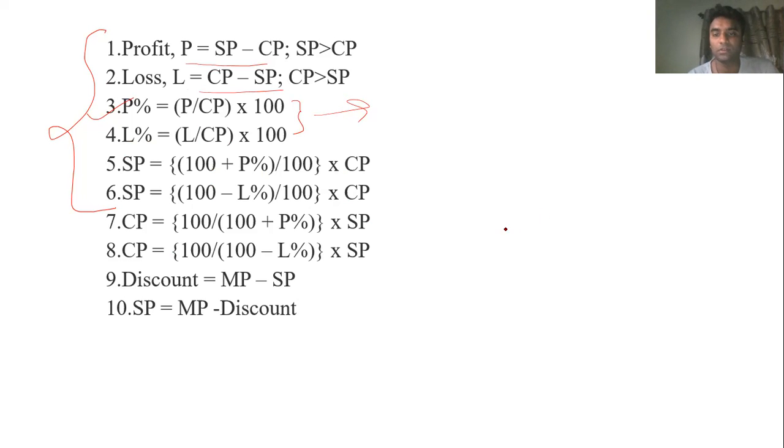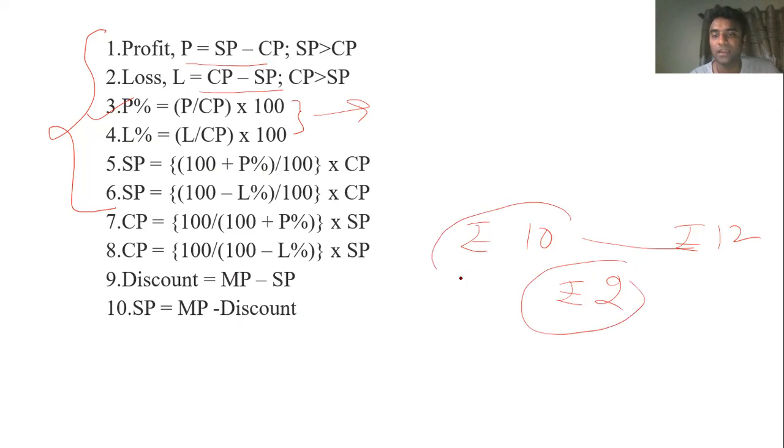Now suppose I bought a pen at rupees 10 and I am selling the same at rupees 12. So what is the increase? The increase is of 2 rupees. That means I am generating a profit of rupees 2, but I am generating this profit with respect to what? With respect to the price at which I bought, and this is nothing but the cost price.